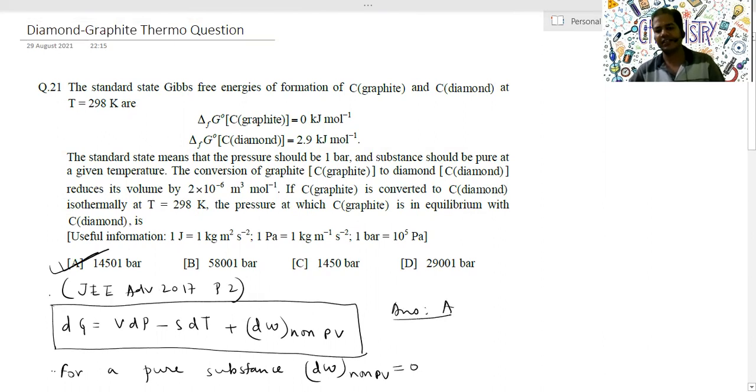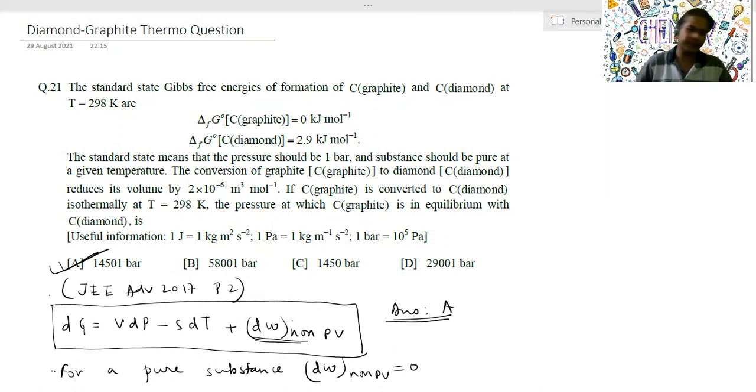Hope this is very clear to everyone. So not very difficult, but we need to apply this concept properly, that dG is equal to VdP minus SdT. The term dW non-PV is there, but only for a pure substance, dW non-PV is taken as 0. For conversion of one substance to another, for a phase change process, for a chemical reaction, there will be some dW non-PV.